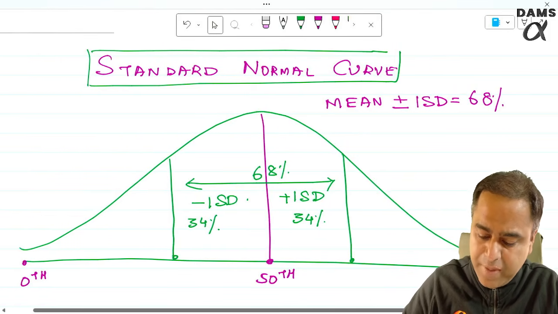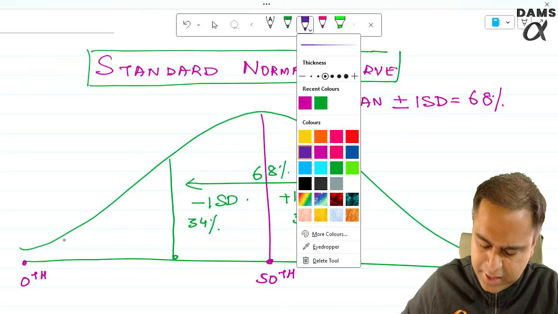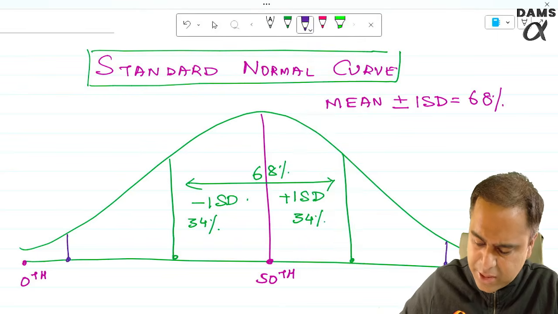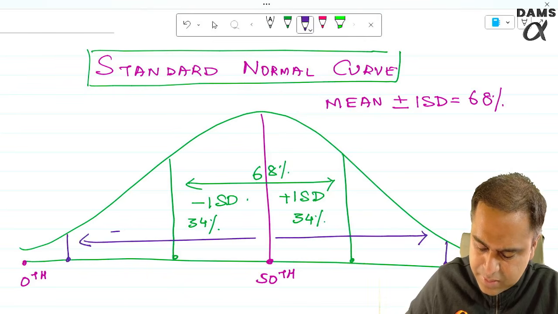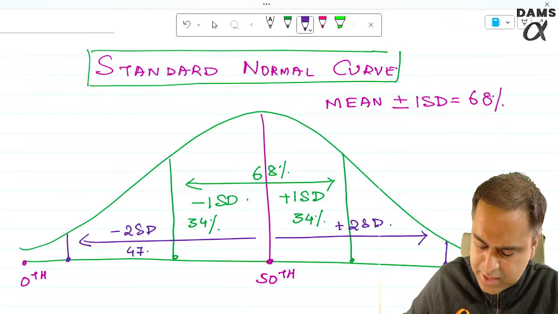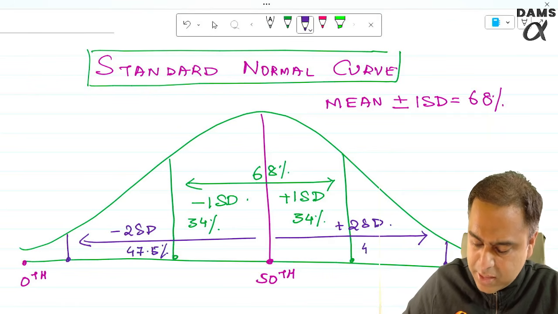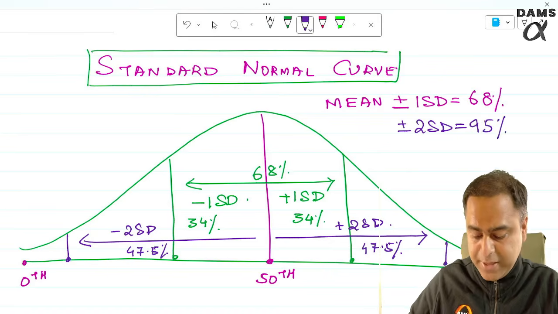Now if I talk about plus or minus 2 standard deviation, it will be ranging from this value over here. So this is minus 2, this is plus 2, this is 47.5%, this is 47.5%, because we know plus or minus 2 standard deviation is 95%.